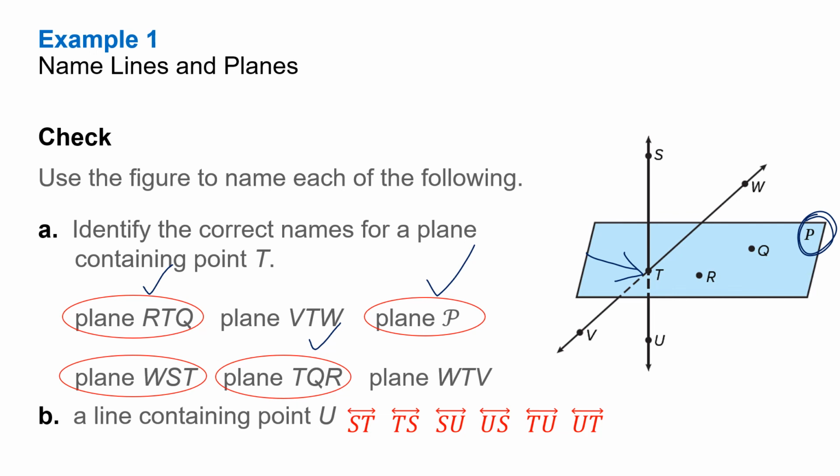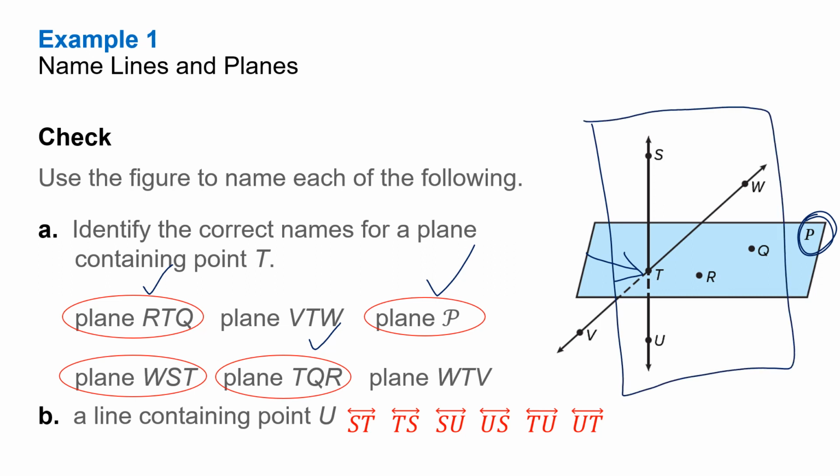So if we look, S and T are on the same line, but W is not on the same line as both S and T. So W, S, and T are 3 non-collinear points. So we can actually draw a plane to represent plane WST.